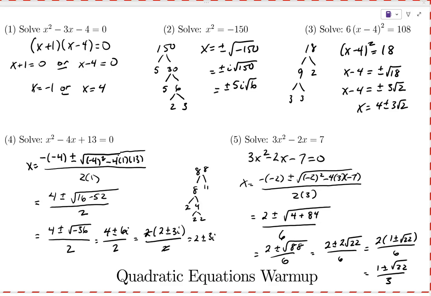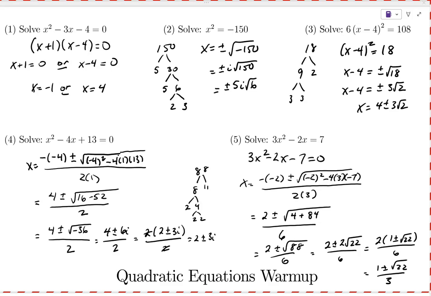You get plus or minus square root of 18 on the right-hand side. We can break down 18. There's a pair of 3s, so we can do 3 root 2 for the square root of 18. The only thing that's different between number 3 and number 2 at the end is I've got this -4 on the left-hand side. Push it over to the right. Add 4 to both sides. Are those 2 okay with everybody?